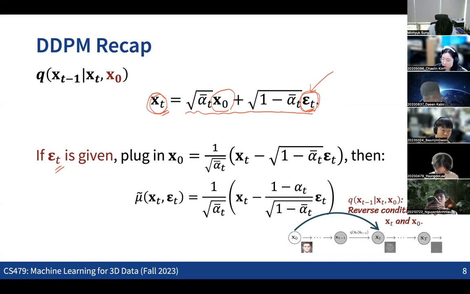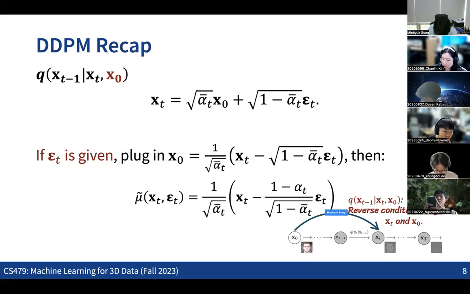Then from the xt, we can reversely calculate the x0 from both the xt and the epsilon t, and then the mean of this distribution can be defined as a function of the xt and the epsilon t.